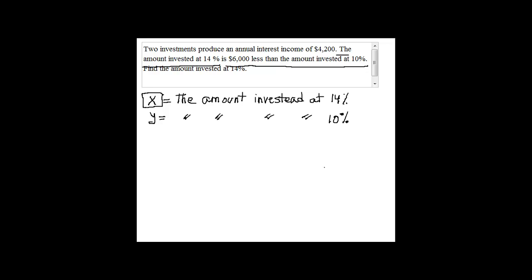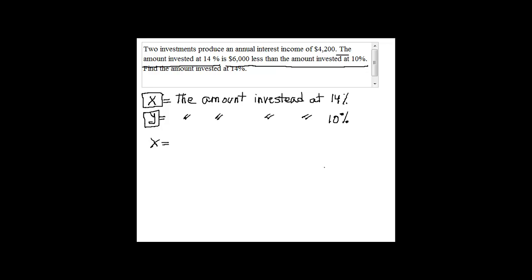Good. You have one answer here. You say X minus Y. Well, we haven't got to that point yet. Just the relationship between the amount that we are investing here. That's what we're asking. The relationship between X and Y would be X is equal to the amount invested in 14% means equal $6,000 less than the amount invested in 10%.